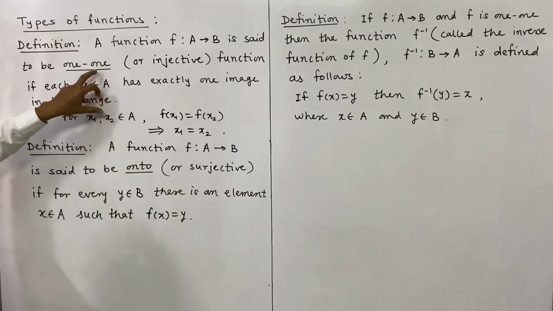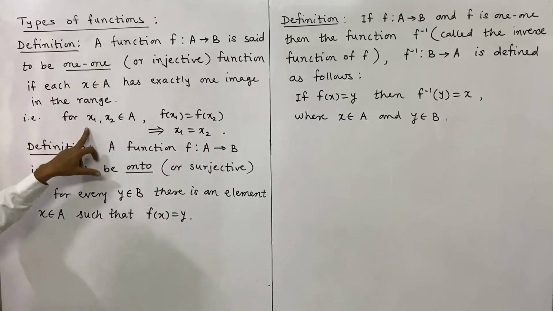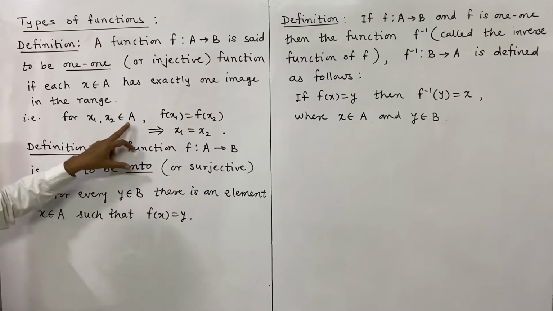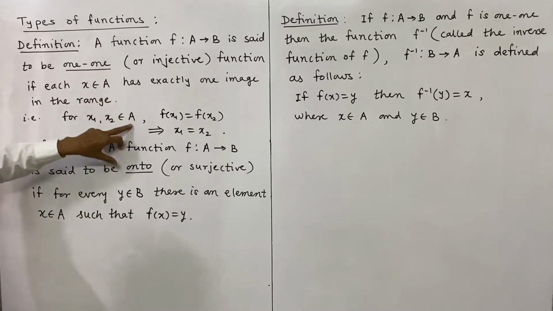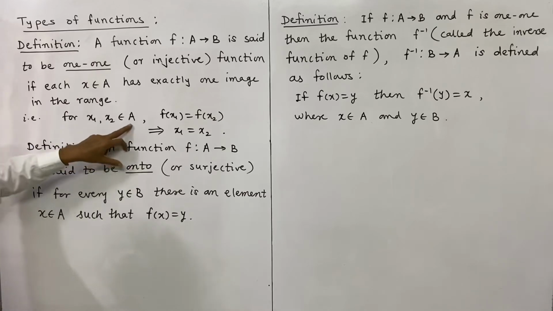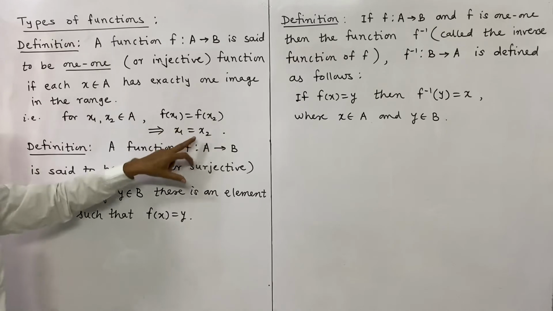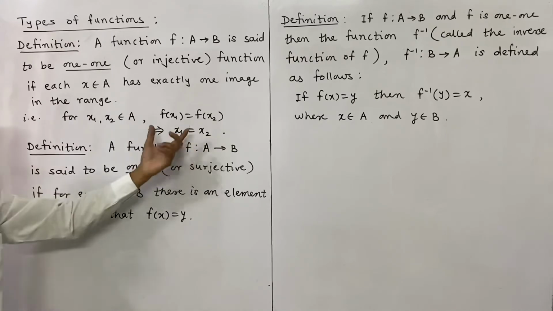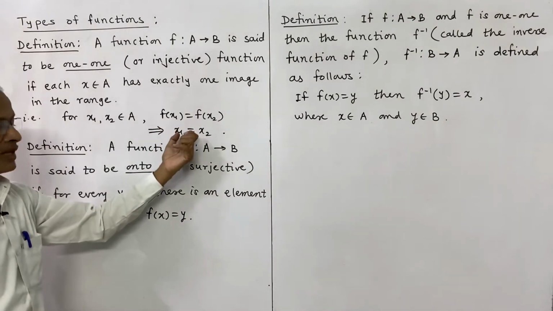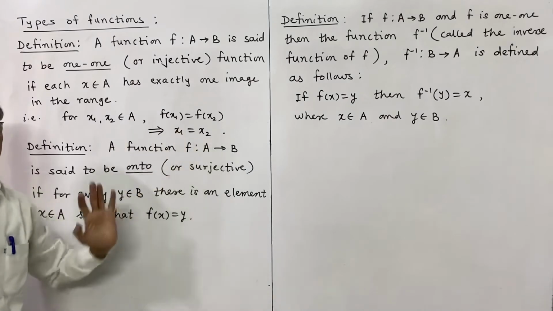That is the meaning of a 1-1 function. Or in other words, for x1 and x2 in the domain A, x1, x2 belonging to A, f of x1 equal to f of x2 implies x1 is equal to x2. That means if the images are equal, then the inverse images will also be equal.